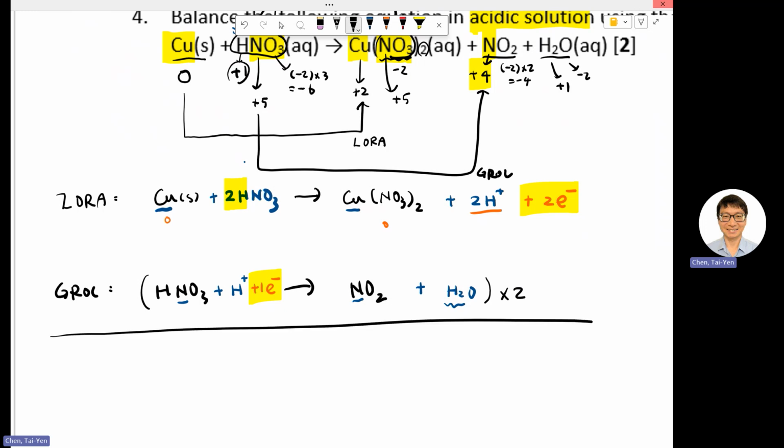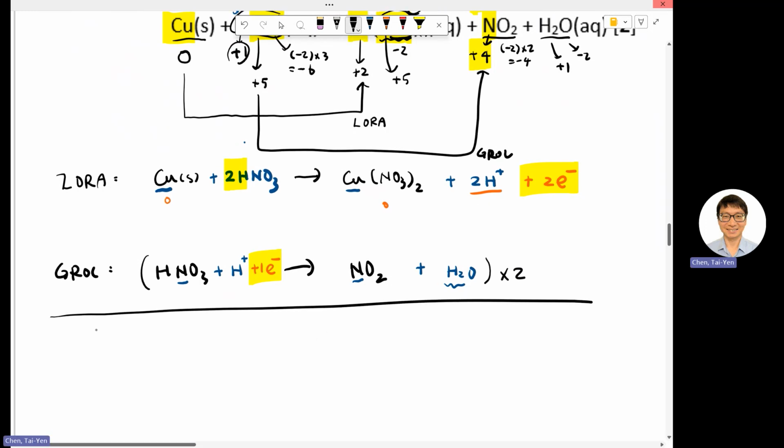Once you do that, we get copper plus 2HNO3, which is from your oxidation, and then plus 2HNO3 plus 2H+ plus 2 electrons, which is what you get from your reduction.